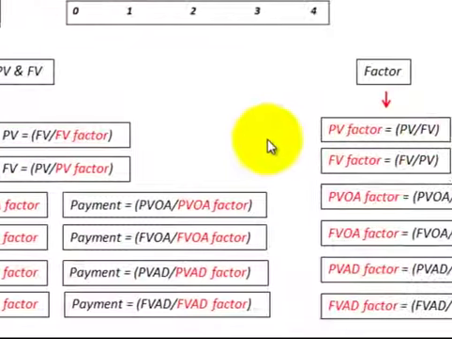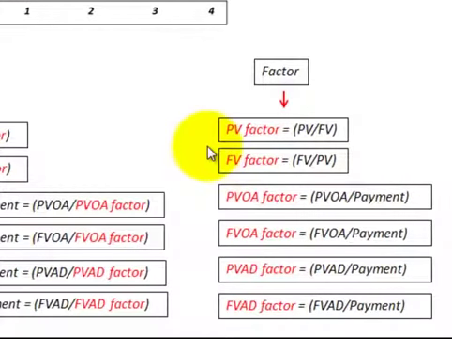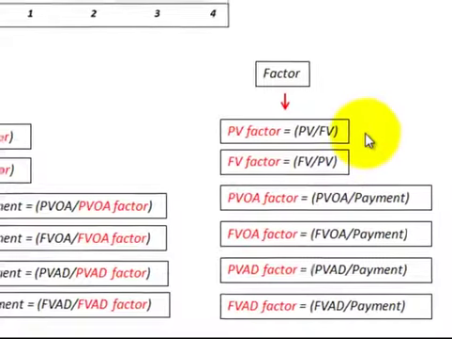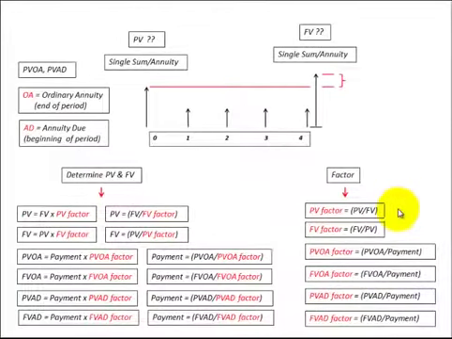Then the last thing, if by any chance you need to know the factor, I've got the equation here: present value factor equals the present value divided by the future value. So we can determine all those factors. All right, that's how you would use these present value factors to determine present values or future values.